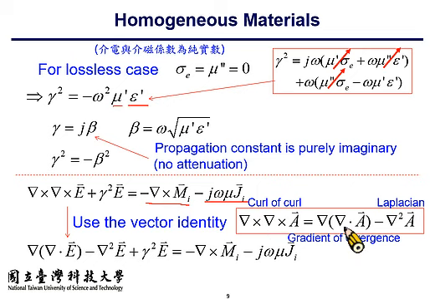So curl of A equals the gradient of the divergence of A, minus the Laplacian of A. As you can see, they are both second order spatial derivatives.